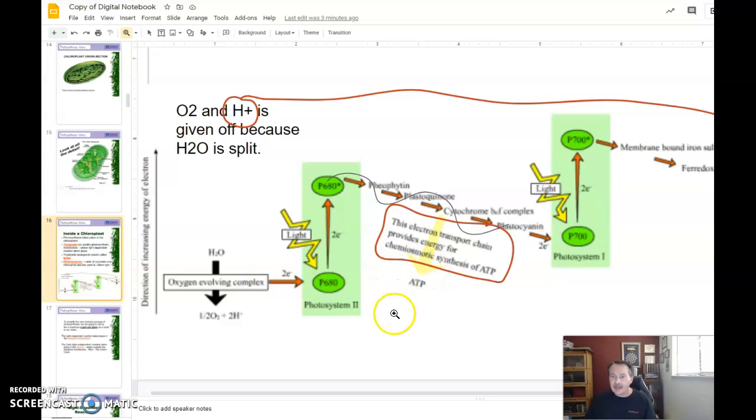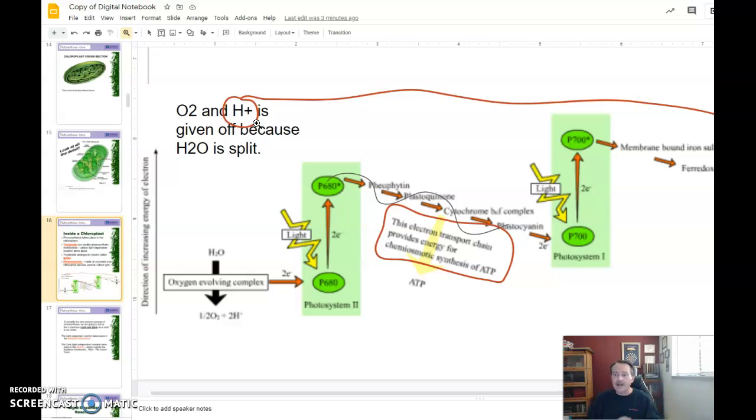It takes some of this ATP, not all of it, but some of it, and it splits water into its components. So it has O2 and H plus ions. So you have one O, two hydrogens. That used to be water. You split that.